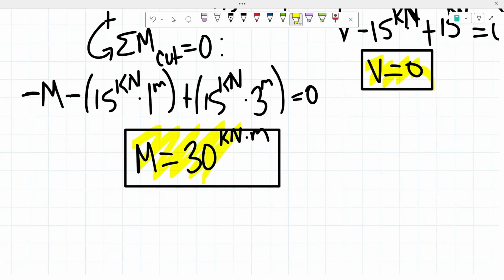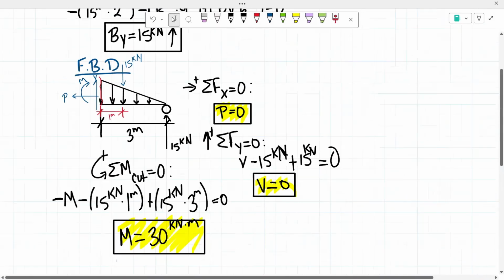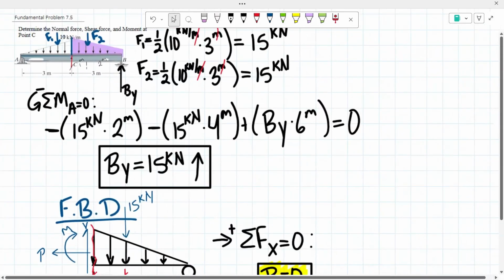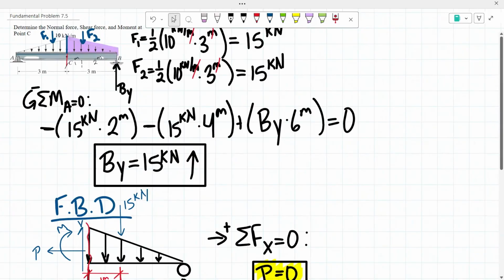And with that, we are done with this fundamental problem. So once again, this problem was asking us to determine the normal force, shear force, and moment at point C. The first thing we did is we drew where the cut was going to be. Then from there, we analyzed both sides of the beam, trying to see which side of the beam would be easier.